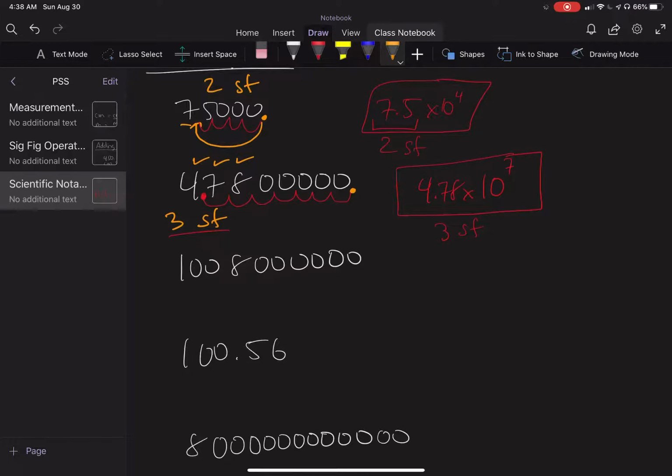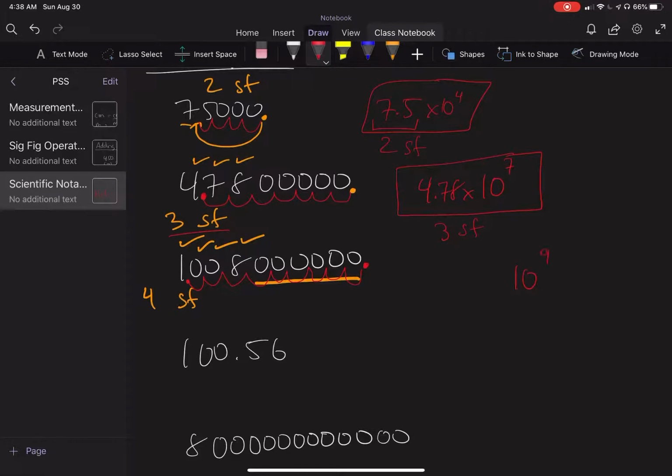Next example. So we have a 1, we have an 8. Those are significant. These zeros in the middle are being sandwiched. So this is a 4 sig fig quantity. All of the other zeros are just placeholder zeros. And then here is our decimal point that was not written in before, but it's there. And we want to move it over to where the 1 is. 1, 2, 3, 4, 5, 6, 7, 8, 9 times we moved it.